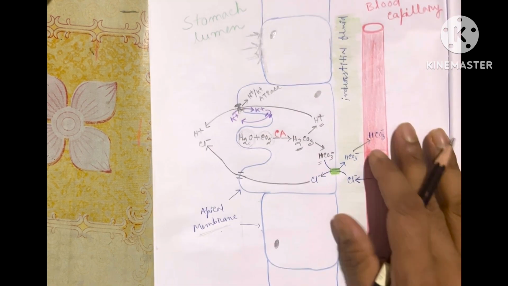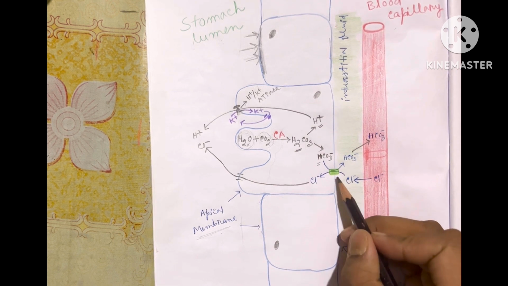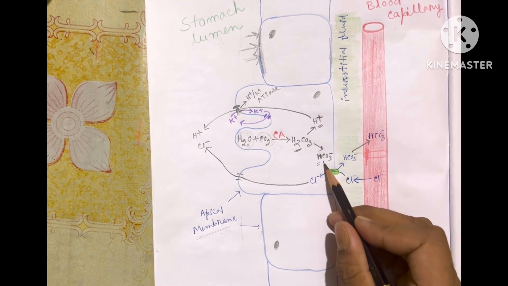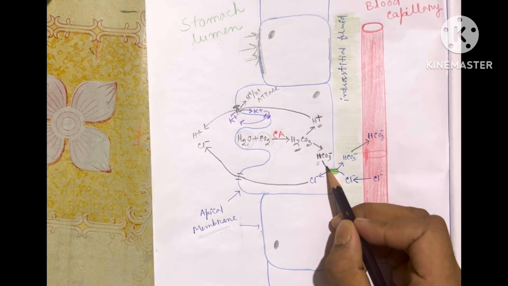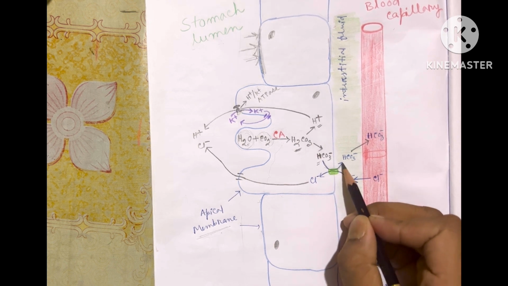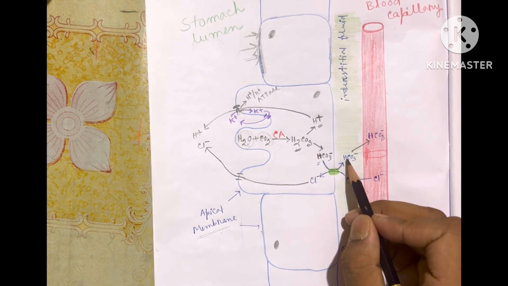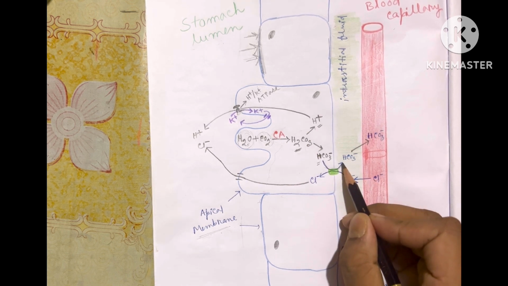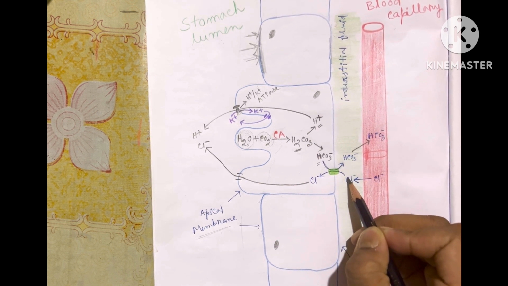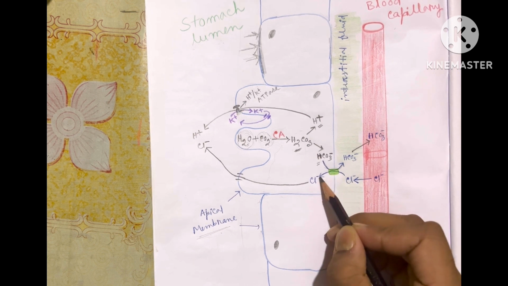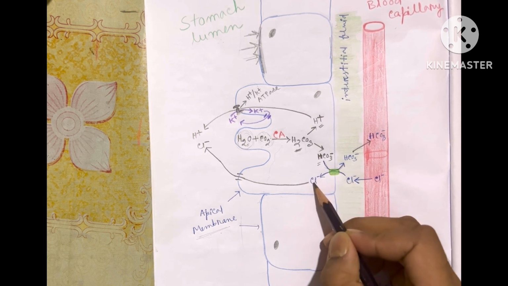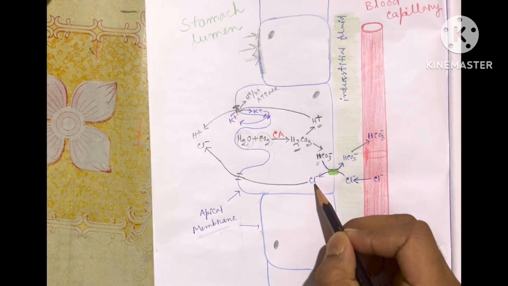Now let's understand the role of this channel. Here you can see that bicarbonate is slowly going towards the interstitial fluid, and once it moves into the interstitial fluid, from the interstitial fluid chloride is slowly coming towards the parietal cell.